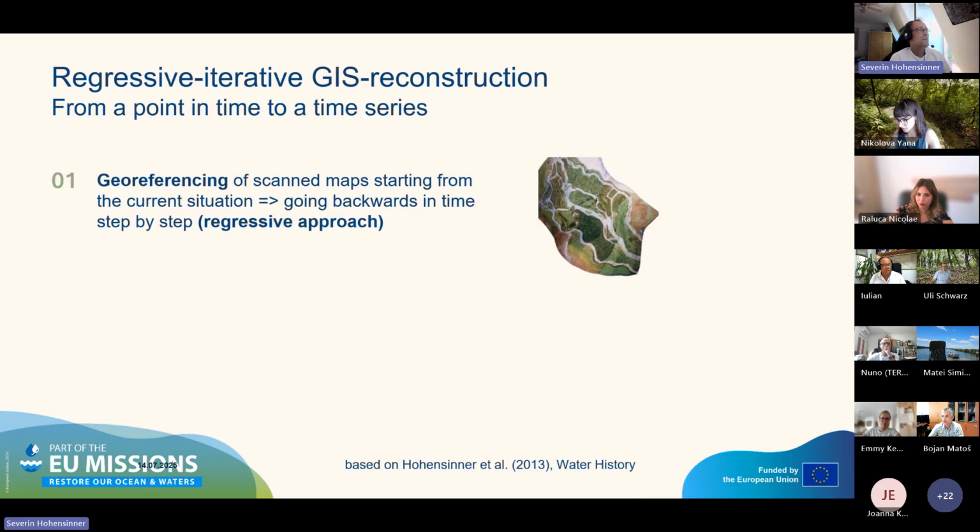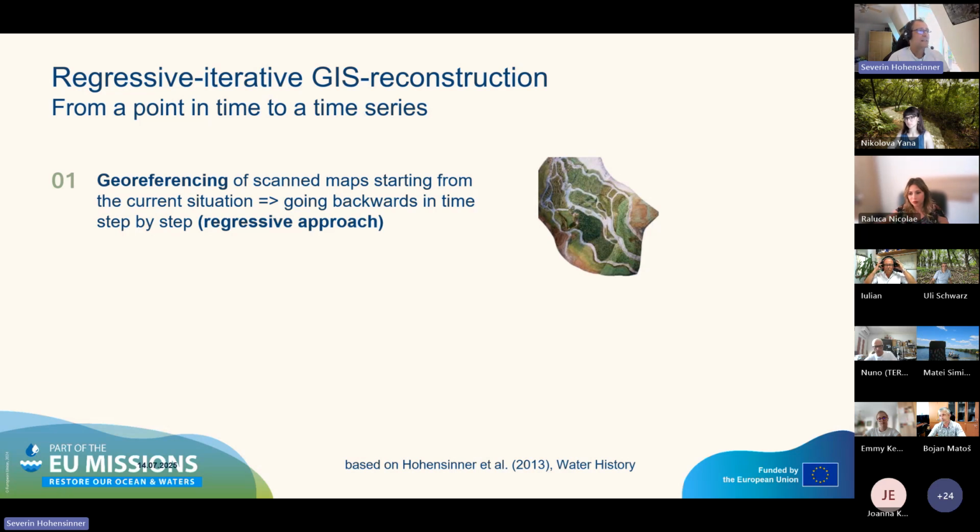We have called it the regressive iterative GIS reconstruction method since 2013. I did this the first time during my dissertation already 10 years before. And there are three main steps. First, georeferencing of scanned maps, starting from the current situation and going backwards in time step by step.